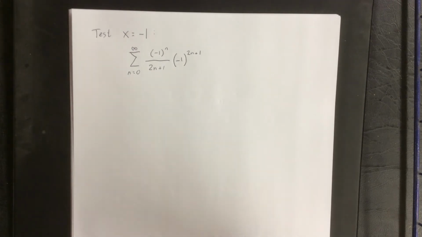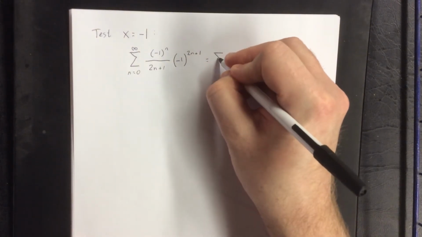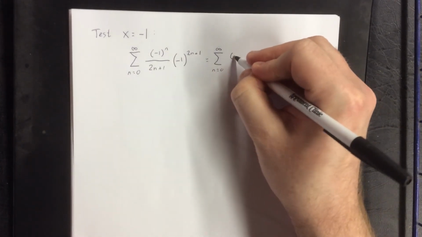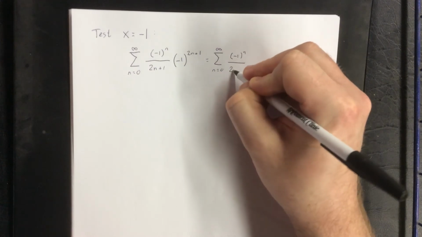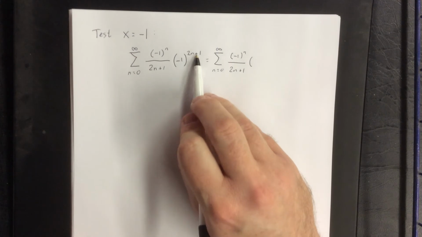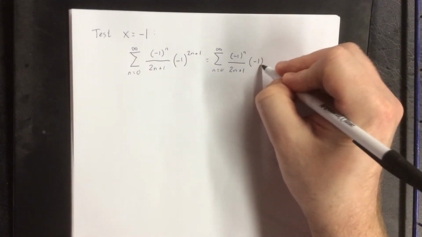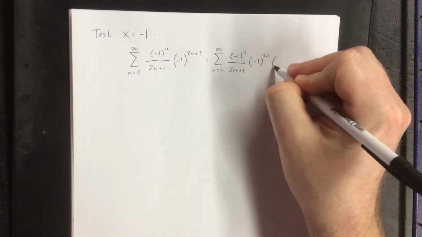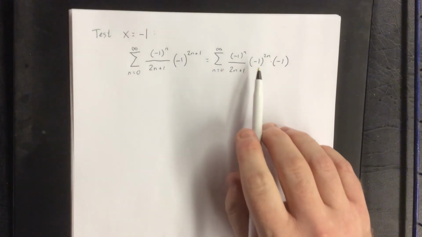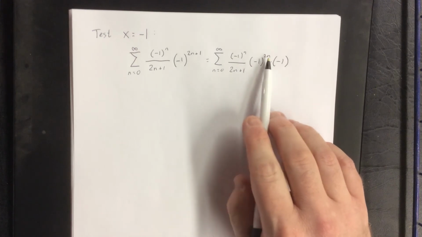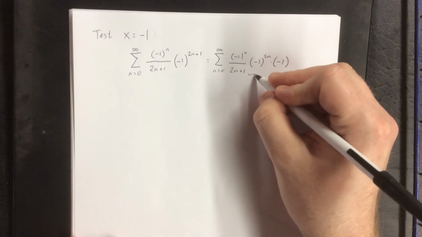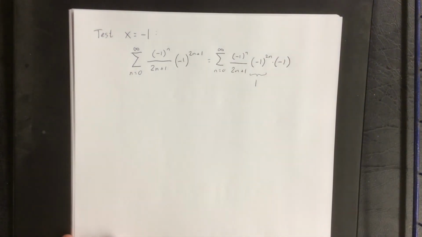Now, I'm going to do a little bit of fun algebra here. I'm going to split this power up at that plus sign and call this negative 1 to the 2n power times negative 1 to the first power. Now this is simply negative 1 raised to an even power, which is going to be equal to 1 all the time.